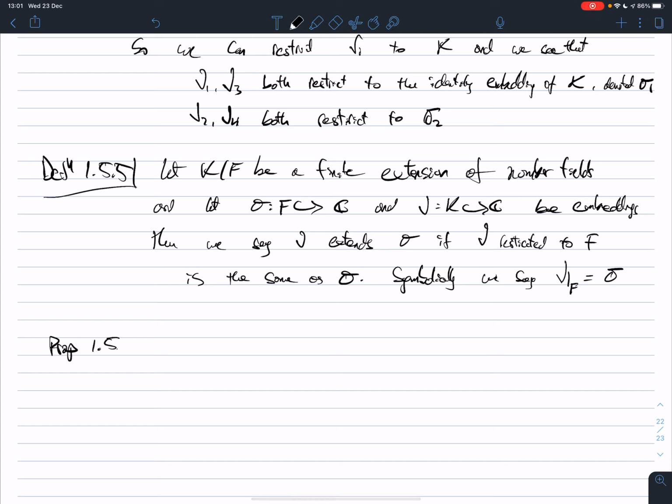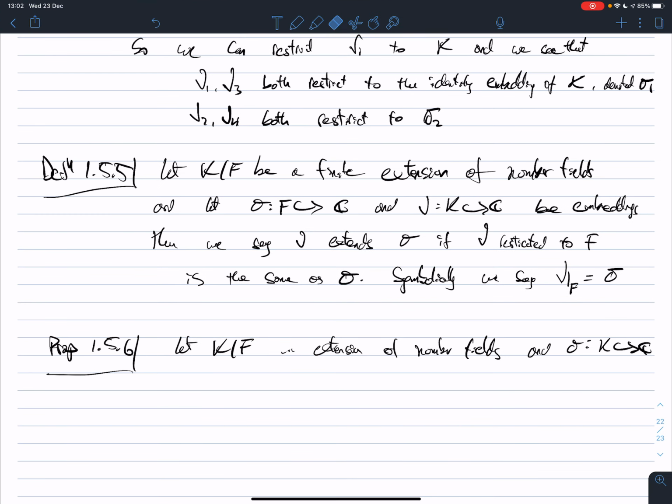Proposition 1.5.6. Let K over F again be a finite extension of number fields. Oh, I guess I don't need it to be finite, just an extension. Actually, I think I do want, let's do finite.